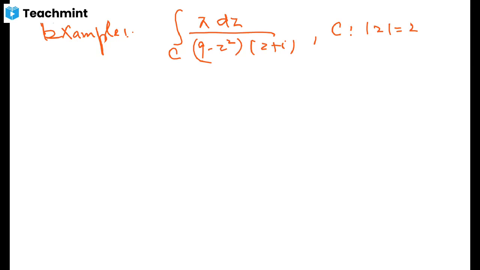You have to apply the Cauchy integral formula, but for that you have to identify what should be z naught and what should be the function f(z), and that will depend upon if you first draw what this contour C is.